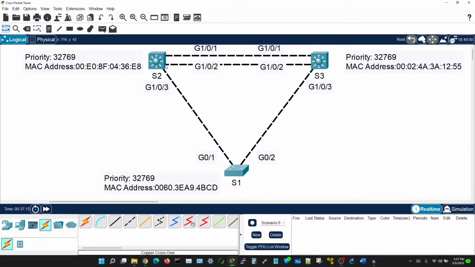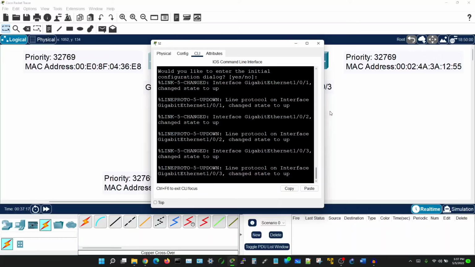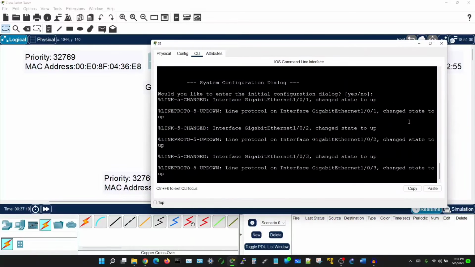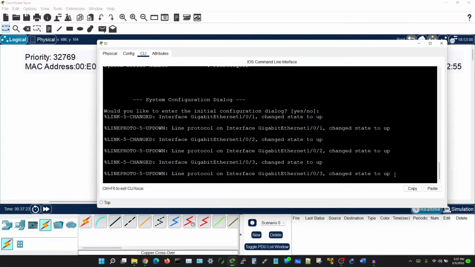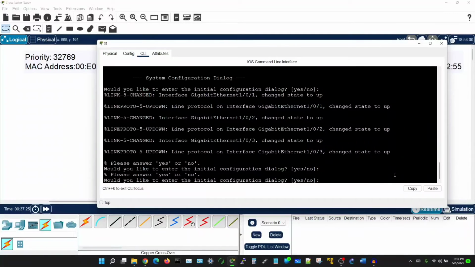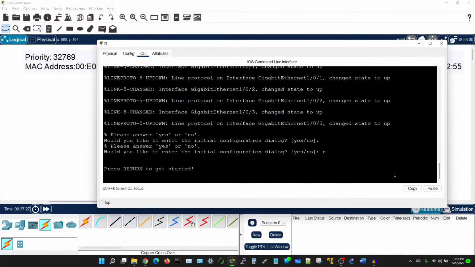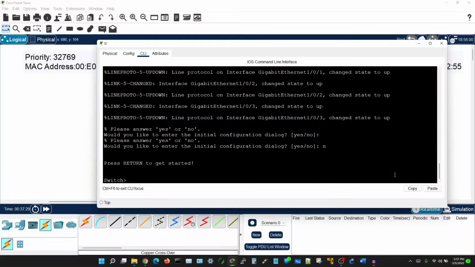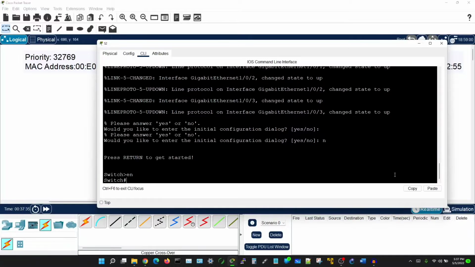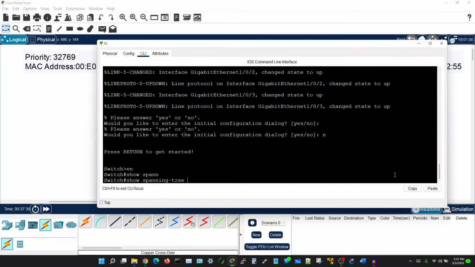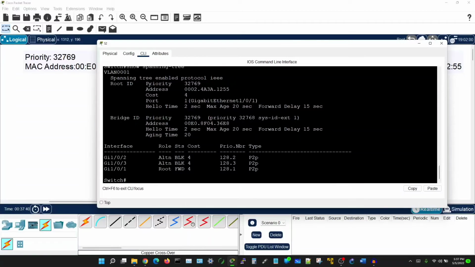So we are in switch 3. Let's open up switch 2 and take a look at what I mean. First enable, now show spanning tree.